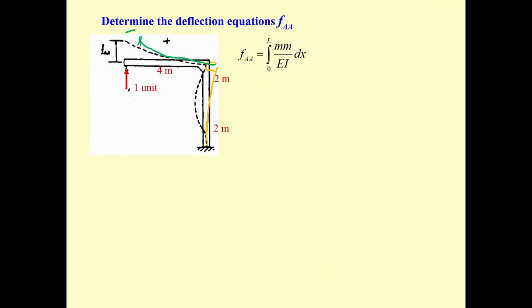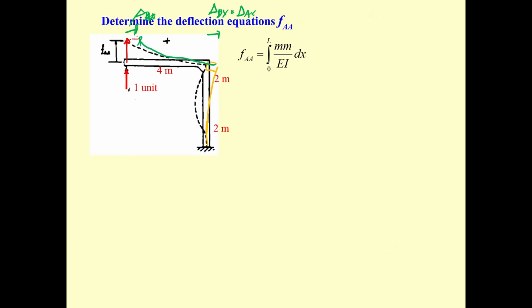And then you should know again the horizontal deflections, delta sub AX and delta sub BX. They are equal. So you are interested only in this F sub A. And you should have this space also.